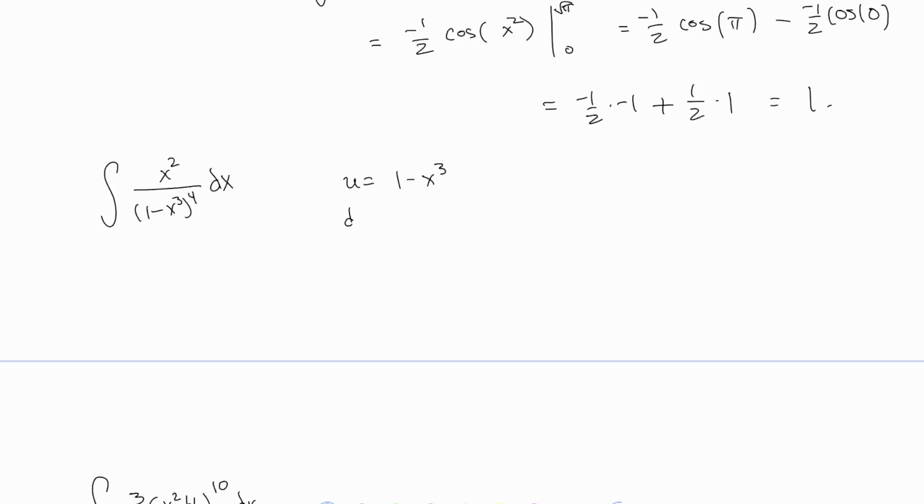Great. And then the du is negative 3x squared dx. That's just the derivative. And then, just because I know what's up, I'm going to divide the negative 3 to the other side. So negative 1/3 du is x squared dx. All right? And now we plug them in.